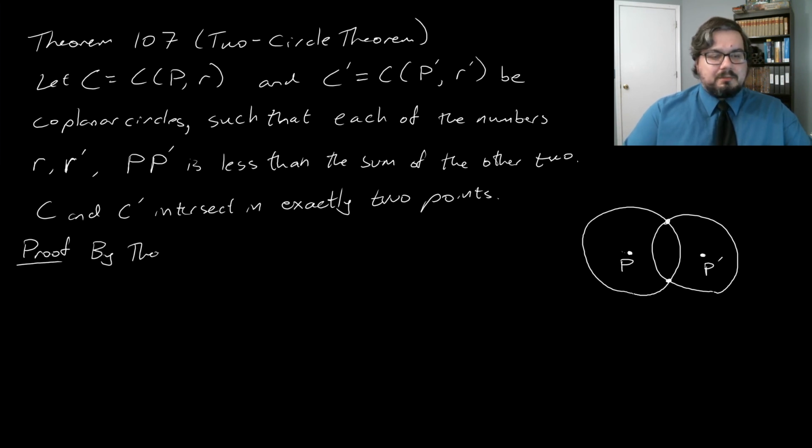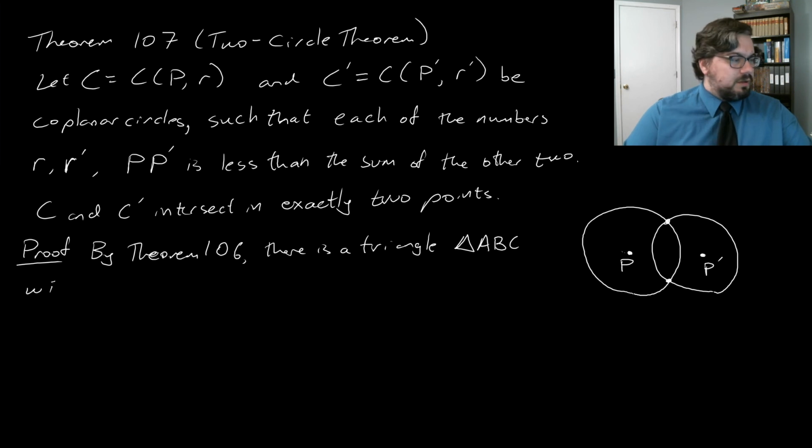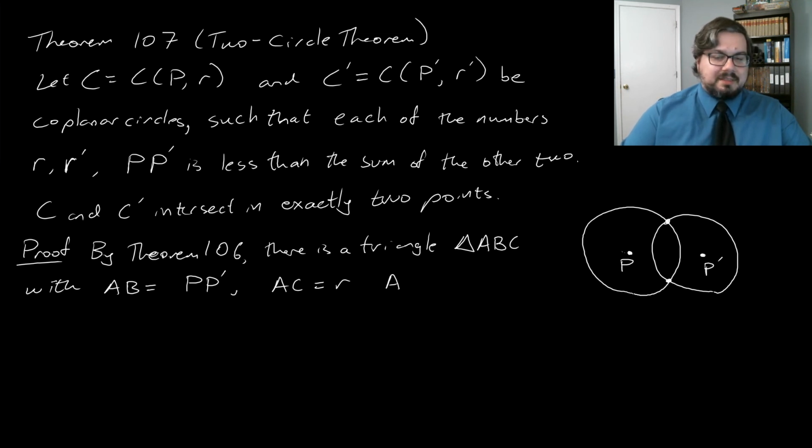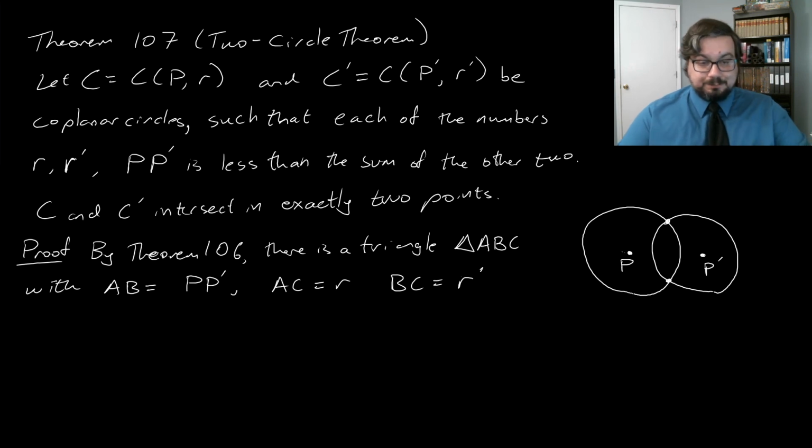By theorem 106, there is a triangle ABC with the length AB equal to the length PP prime, the length AC being R, and the length BC being R prime.